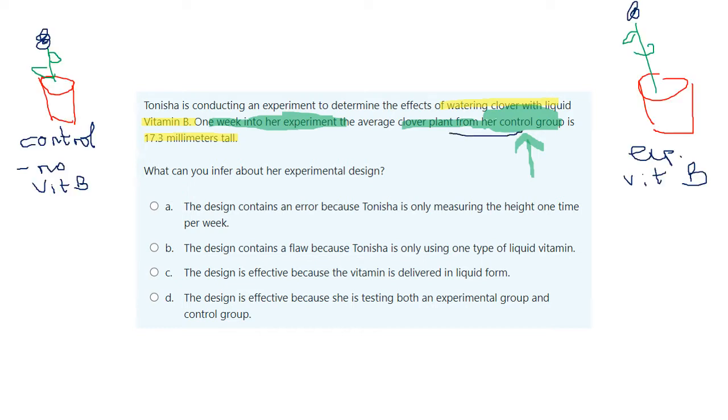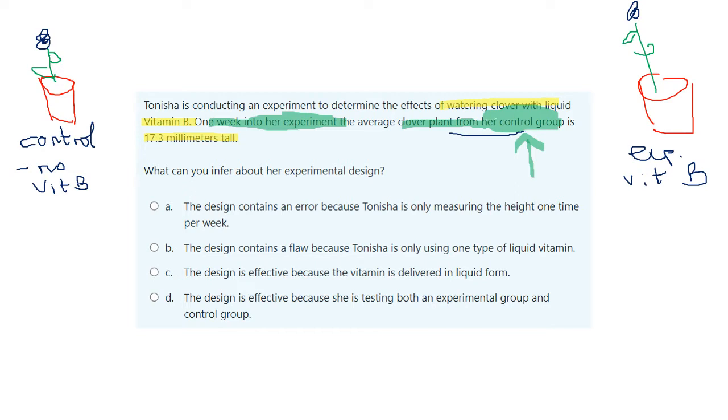So because we're told that she has a control group, we can guess that there are two different plants that are growing. One that has no vitamin B, the normal group, the control, and one that does have vitamin B, the experimental group. So vitamin B or no vitamin B would be the independent variable, and the amount of growth would be the dependent variable.